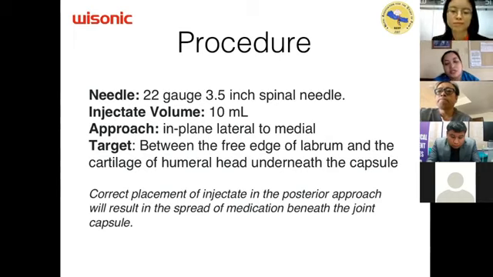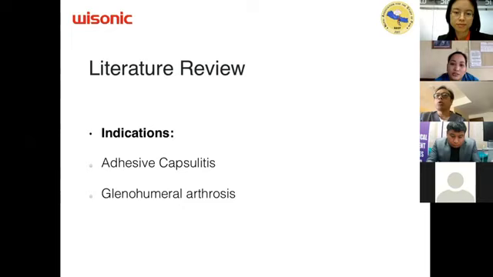You can also do it with a different approach, but most practitioners have found in-plane to be easier. The target would be between the free edge of the labrum and the cartilage of the humeral head, under the capsule. Correct placement of the injectate in the posterior approach will result in spread of medication beneath the joint capsule. It should not spread into the infraspinatus muscle or outside the joint.